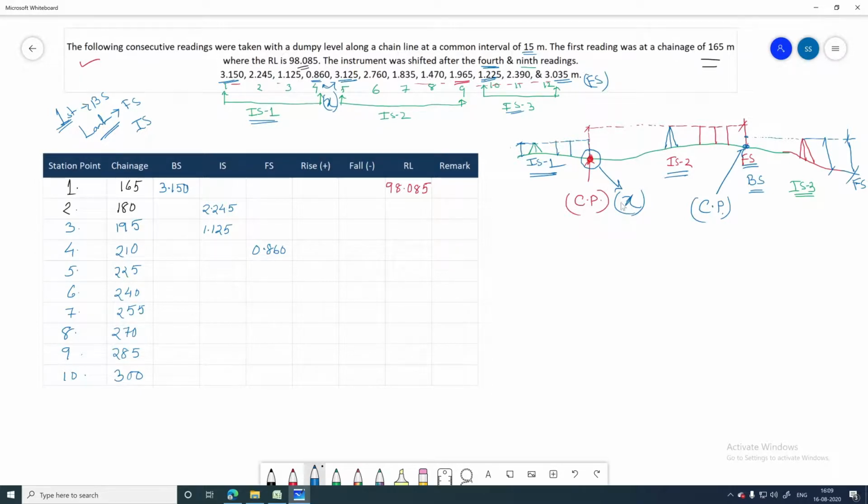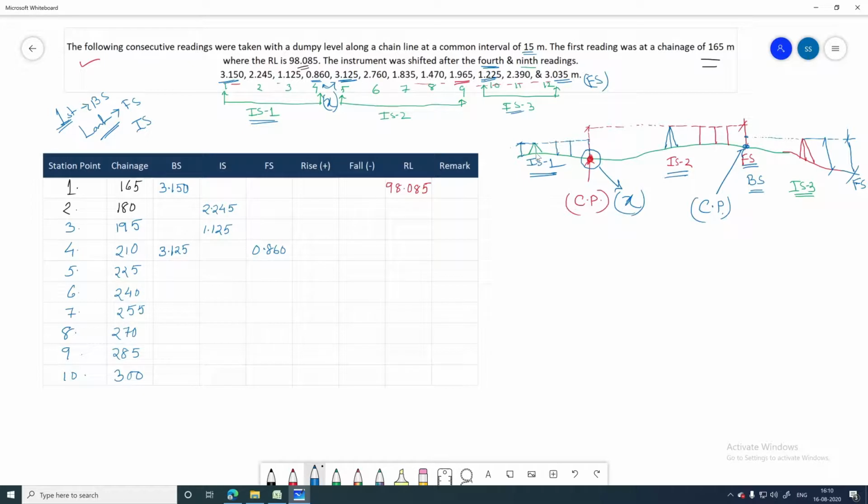So this is the change point, because we have both a foresight reading and a backside reading here. This is the foresight reading, and the backside reading is 3.125. So write it in the same row, 3.125, because at the same chainage we are getting the values of 0.860 as well as 3.125.